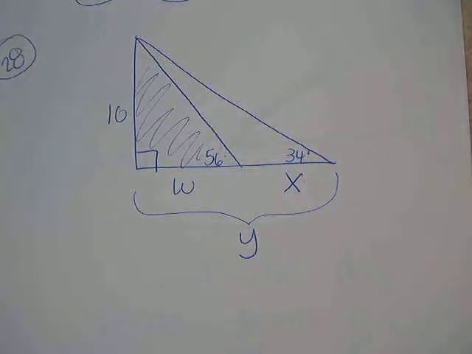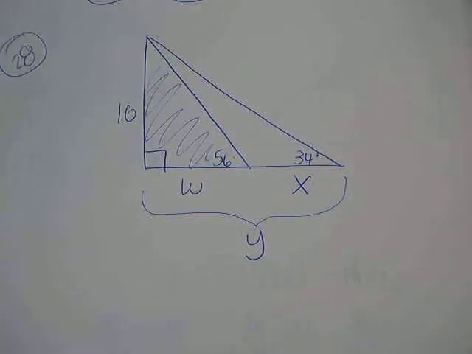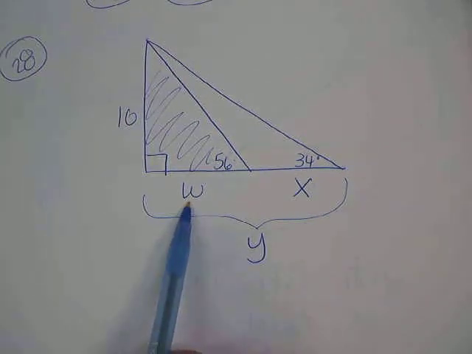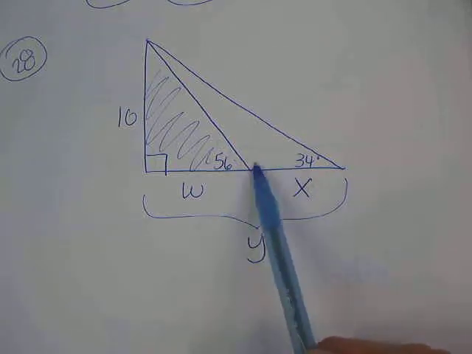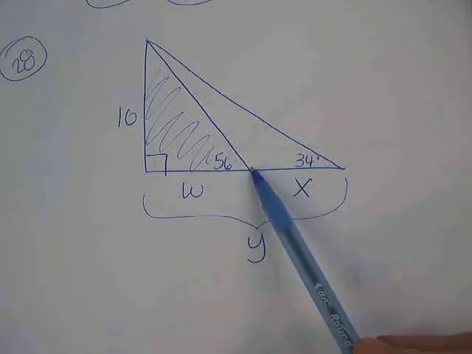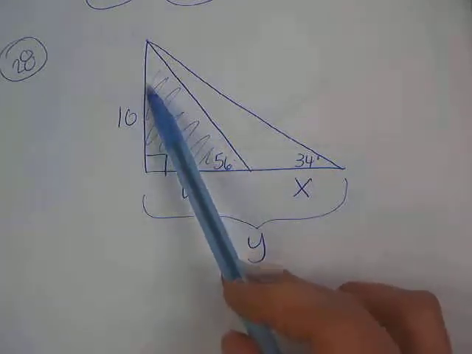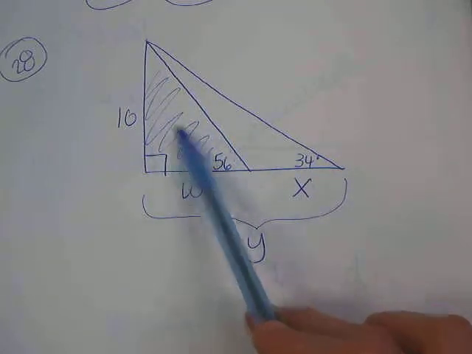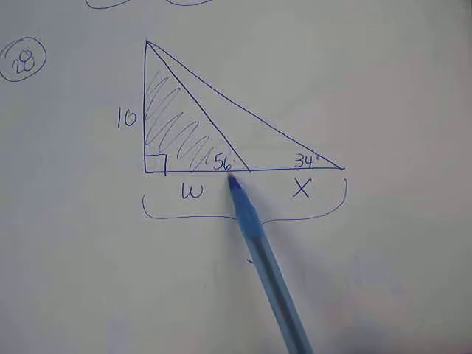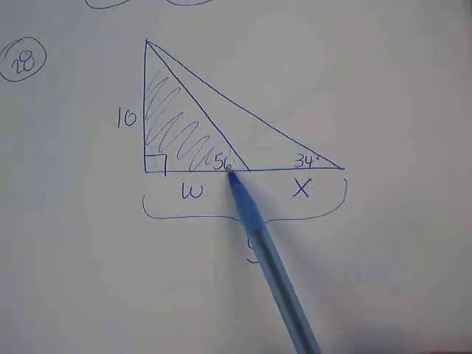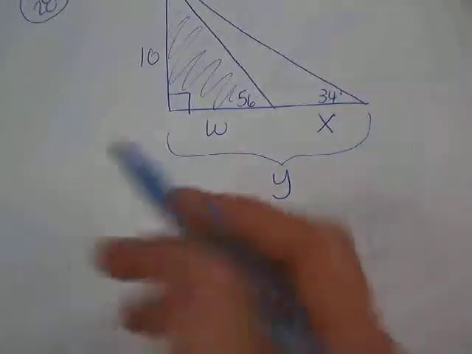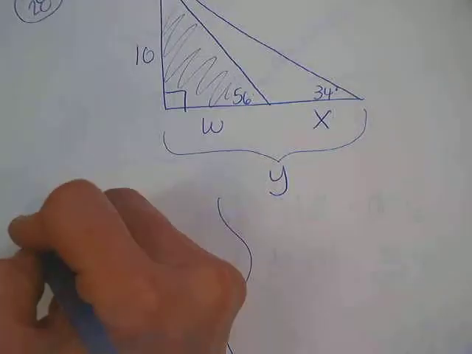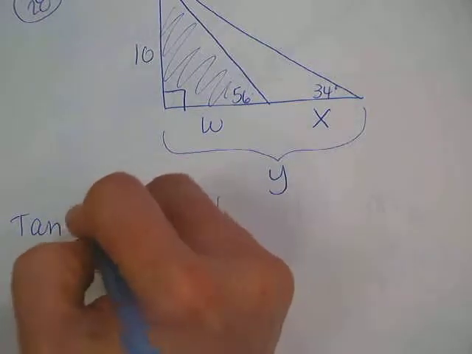So we're going to do one triangle at a time. Okay, so if we look at the small triangle first, we can definitely find w. But looking at this angle, what pieces do I have? This would be the opposite, right? And w would be adjacent, which is tangent. So opposite and adjacent.